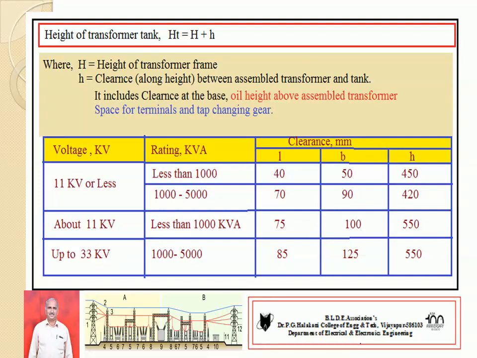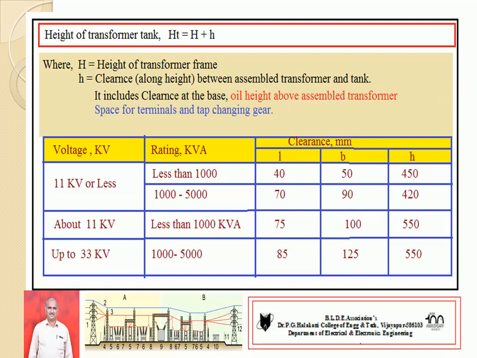Small h is the clearance along the height of the transformer tank. This distance includes some base from the bottom surface. The whole transformer assembly is placed on some base material, so some height is required, and minimum oil should be present above the assembled transformer, which is also included, and some space is required for tap changing purposes. All these distances are included in small h.